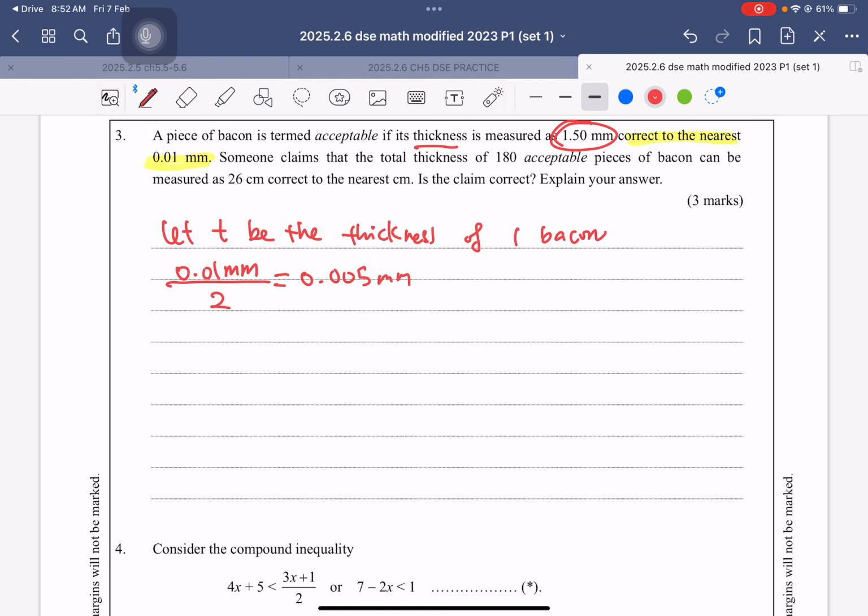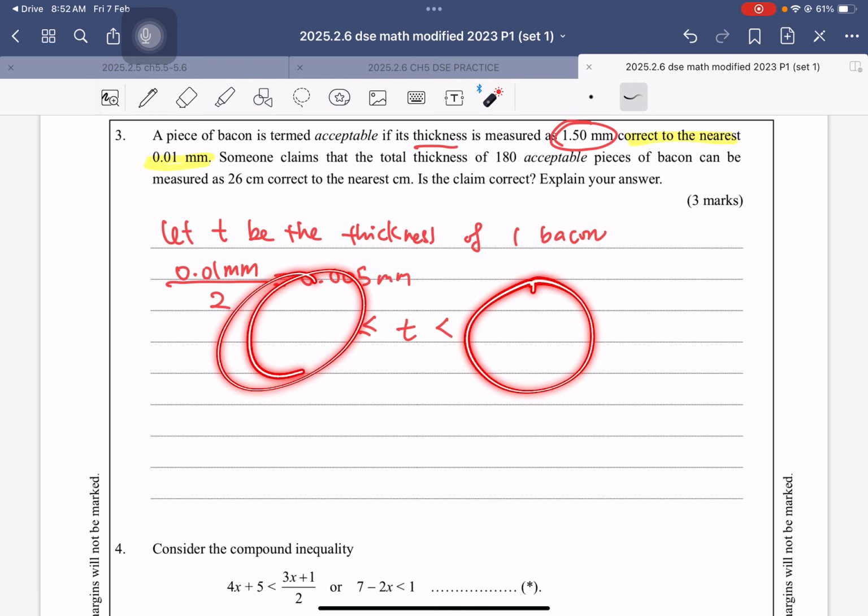And then you can set up the inequality, isn't it? So you write down the T in the middle, and then what's the sign that we have? Smaller or equal to, and we have a smaller there. And then what's the next step? We have the lower bound and the upper bound, isn't it? The minimum possible and the maximum possible.